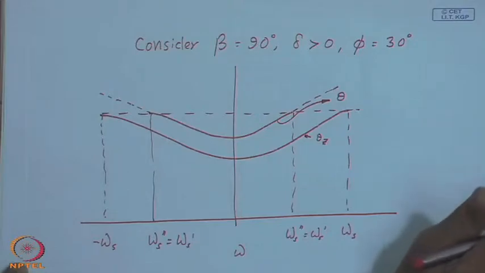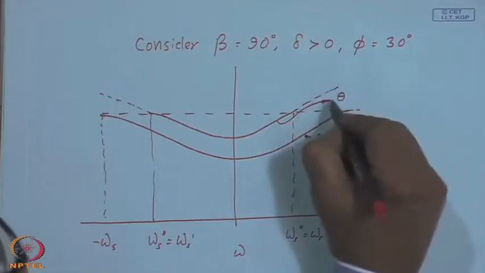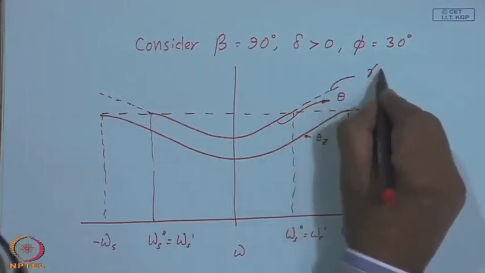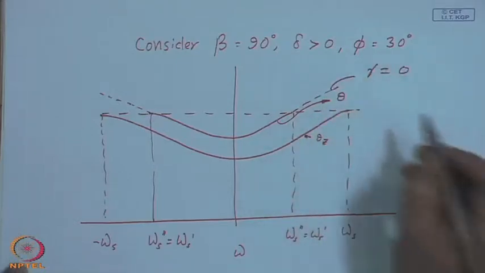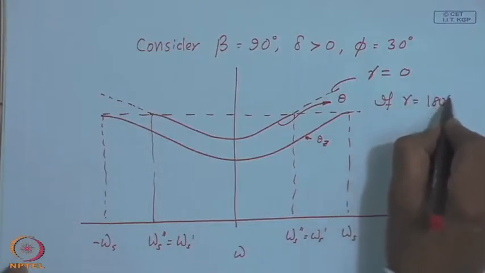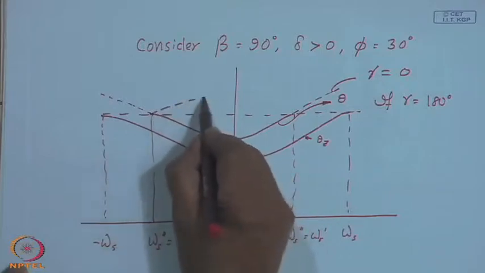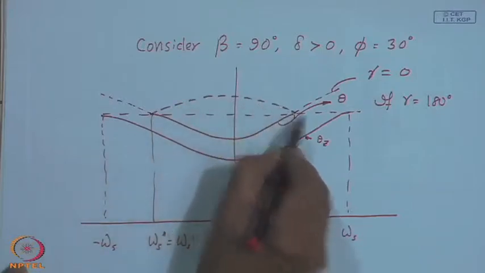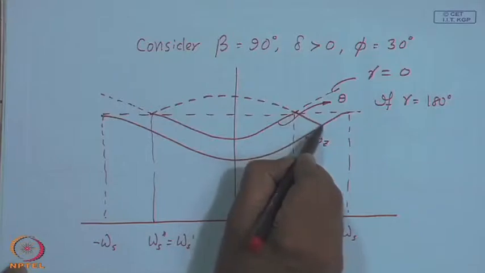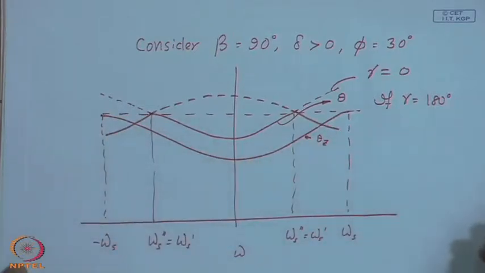So, by simple optics and common sense, if I plot for gamma equal to 0, if gamma is equal to 180 degrees, I should have a mirror image of this.